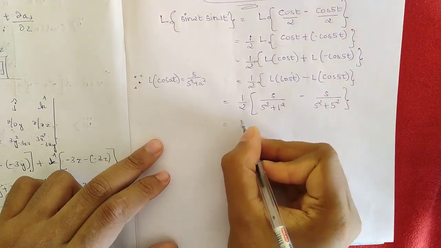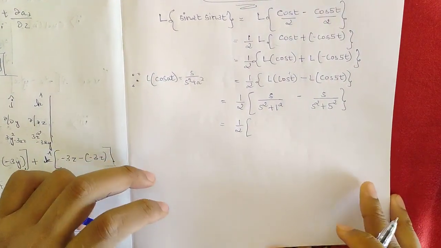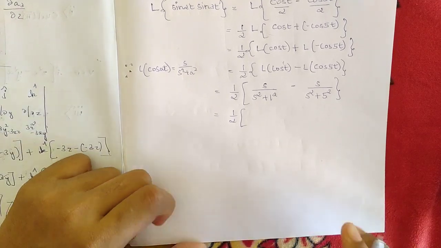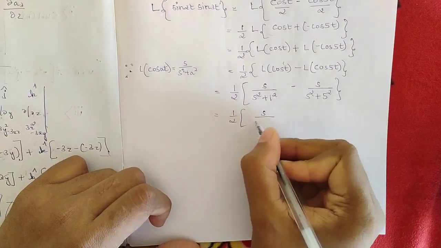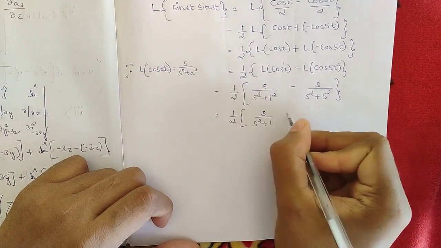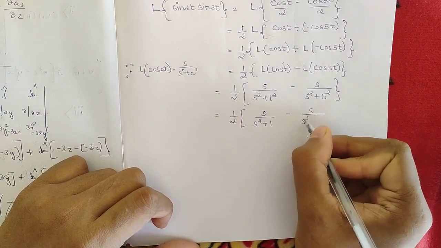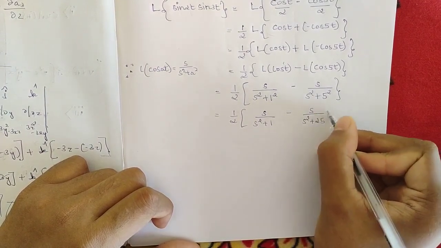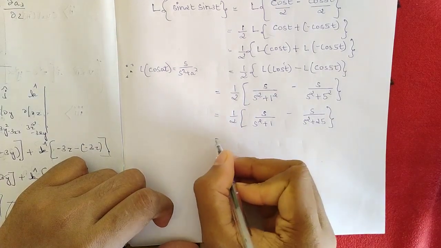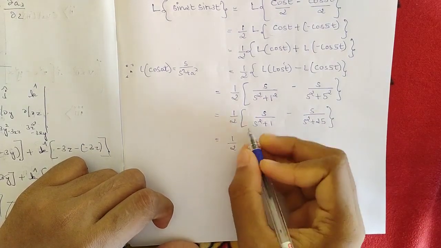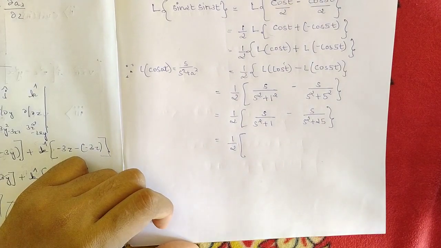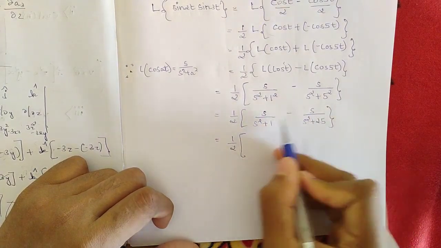Now you simplify it, just do the mathematical simplification and see what you are getting. So this is s divided by s square plus 1 minus s divided by s square plus 5 square, which is 25, with 1 by 2. Now do the cross multiplication and multiply the denominators.